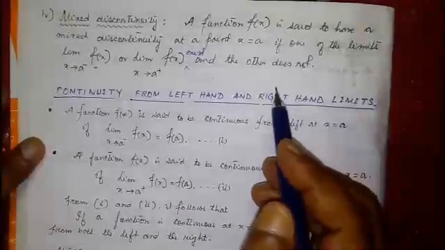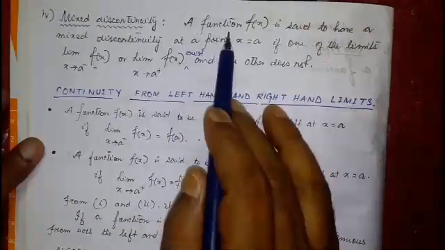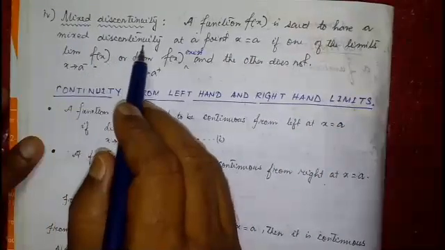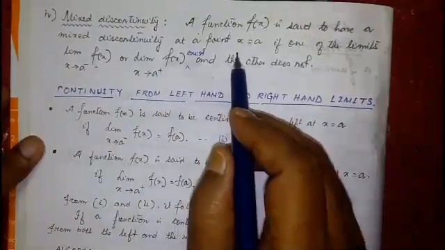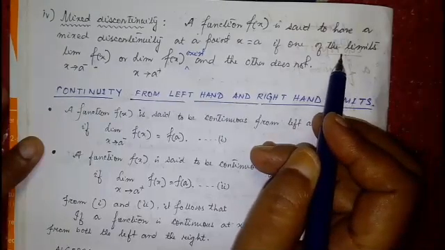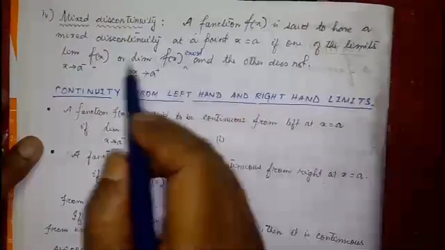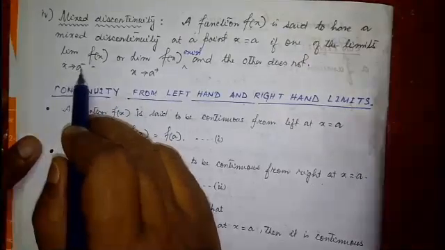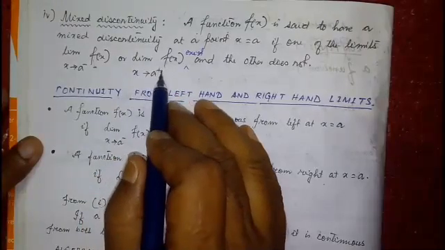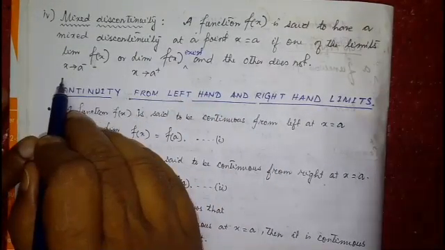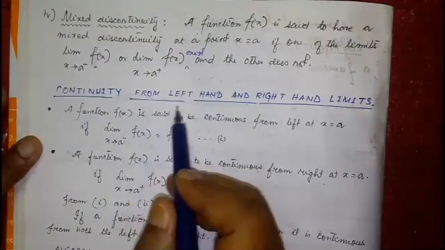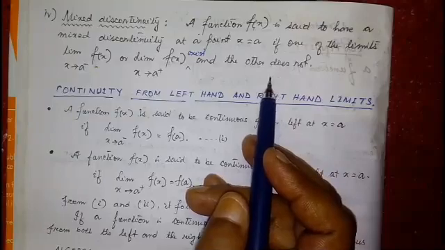Fourth type of discontinuity. A function f of x is said to have a mixed discontinuity at a point x is equal to a if one of the limits, that is the limit x tends to a minus f of x or limit x tends to a plus f of x, that is either left hand limit or right hand limit exists and the other does not.